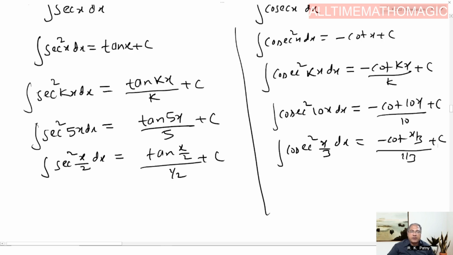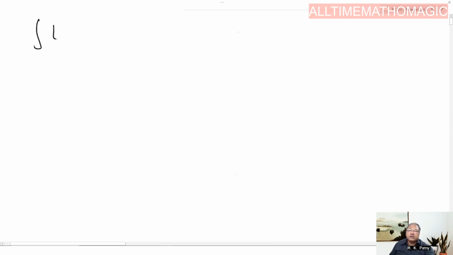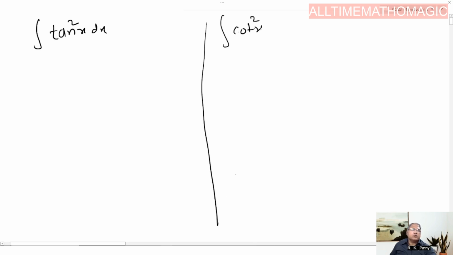The sec square and cosec square are very easy. The direct formula is available. Now on the basis of this, let us do the integration of tan square and cot square. Integration of tan square x with respect to x and integration of cot square x with respect to x. Here there is no direct formula available for tan square and cot square, but first we have to convert using trigonometry, that is 1 plus tan square x equals sec square x.